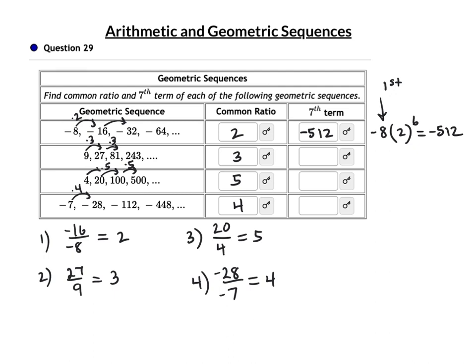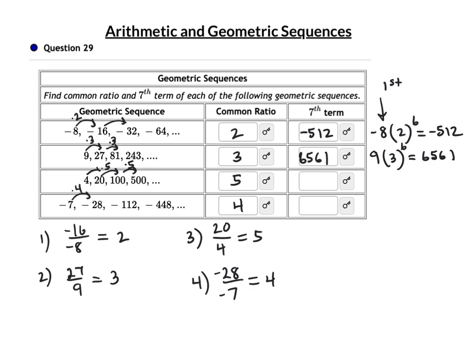For the next one, I'm starting at 9, and I multiply by 3 to get to the next value. I'm starting at the first, so I only have to move 6 places to get to the 7th. And that's 6,561.